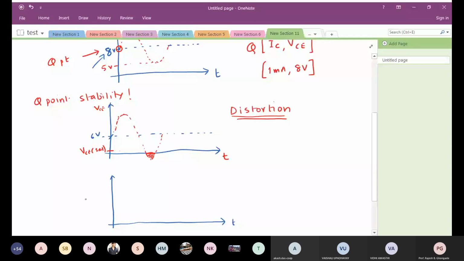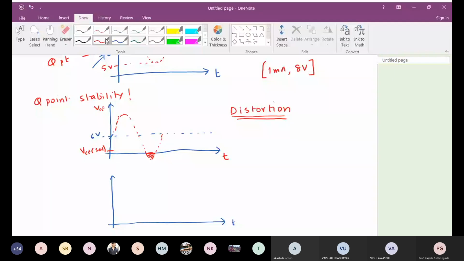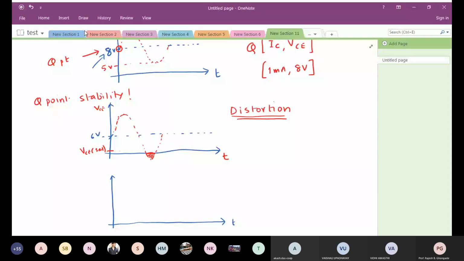Let us say it shifts up. Let us say it goes to 8 volts. Now what is going to happen? You'll see that it cannot go beyond a certain value, which is the maximum value, your VCC.